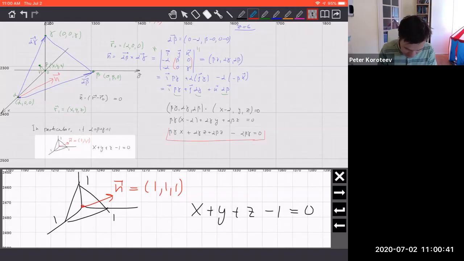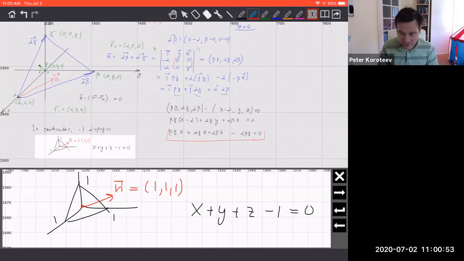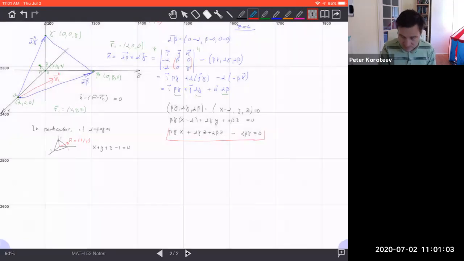If you vary alpha, beta, gamma from 1 down to 0, you will have covered the entire tetrahedron. You can describe it this way. Okay, so that's how you can describe planes.